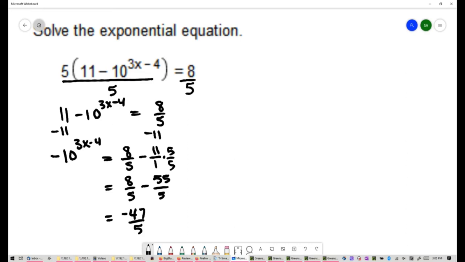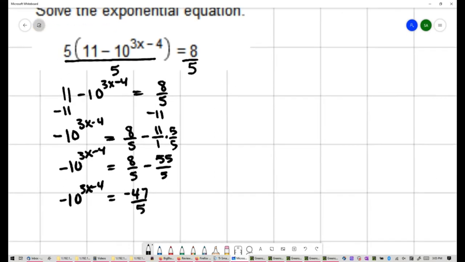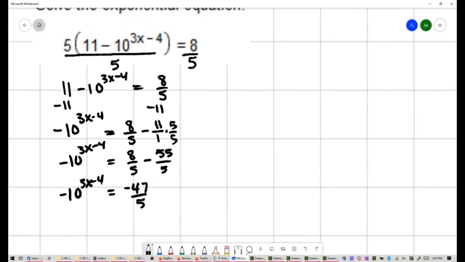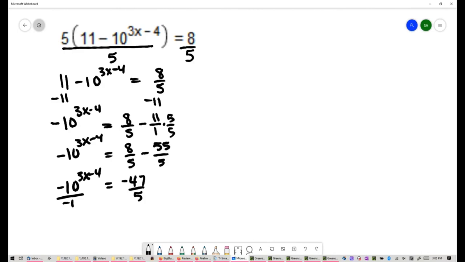Somehow that doesn't feel right, but we'll go with it. Okay, so negative 10 to the 3x minus 4 on the left, and we're almost isolated, so we're going to divide both sides by negative 1. And that gives us our isolated equation, 10 to the 3x minus 4 equals 47 over 5, positive 47 over 5.